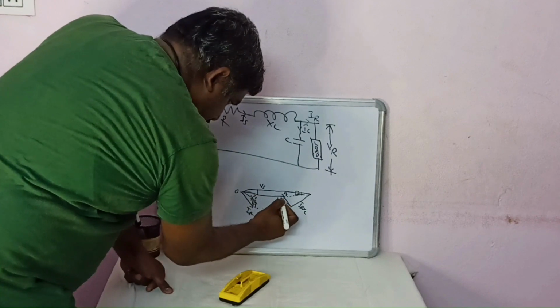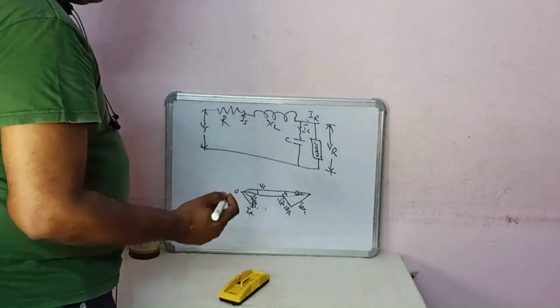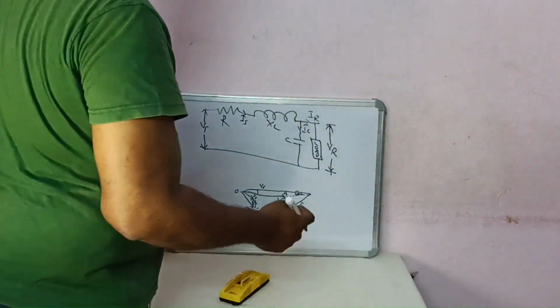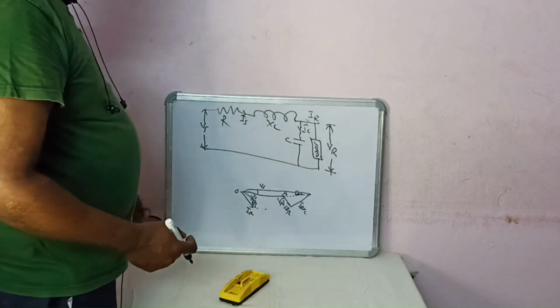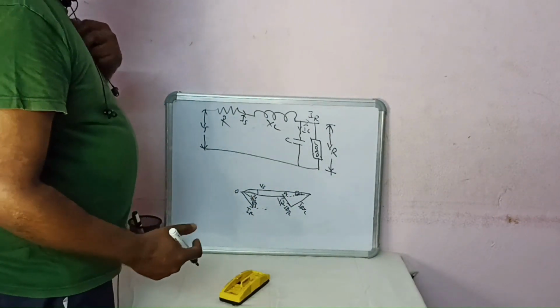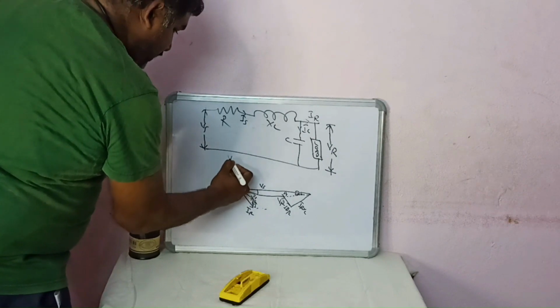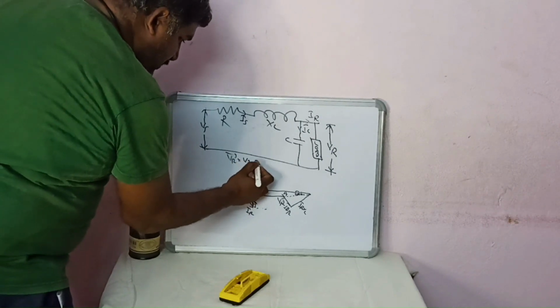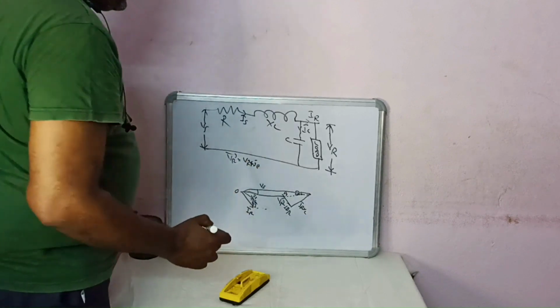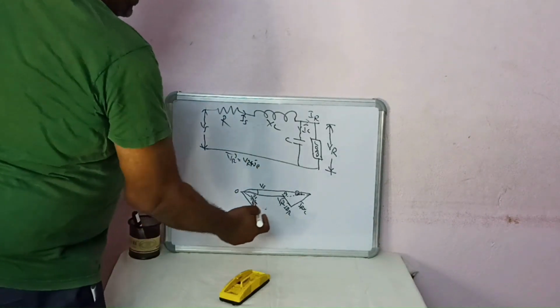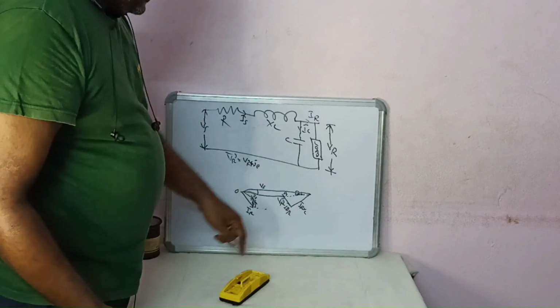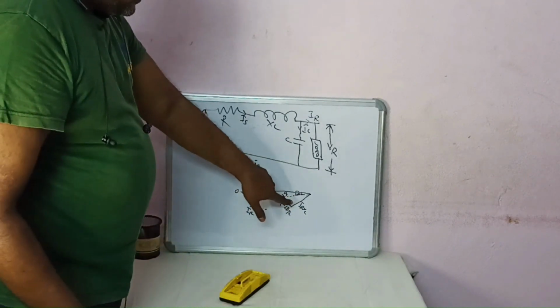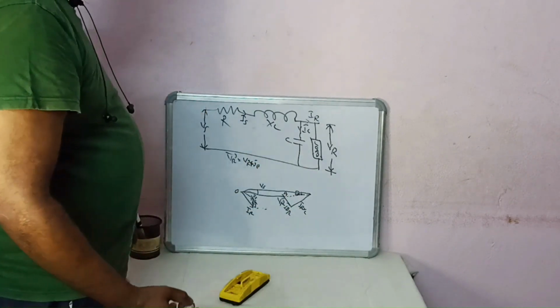It is drawn with OA at an angle of 0 degrees. It is taken as the reference axis, reference value VR, and it is defined as vector VR equals VR plus j0. This is my IRR and this is my IRXL. When I add the two things, this dotted line represents the IRZ.